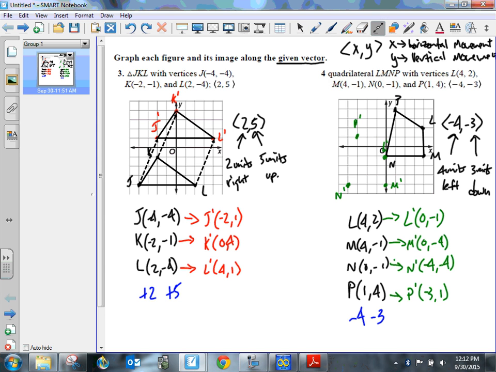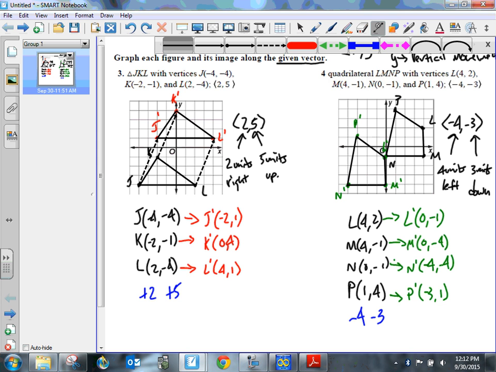Now let me connect these with a line and show you that we end up getting the same figure. It's just been moved. And this is a little bit more exact than what we had.